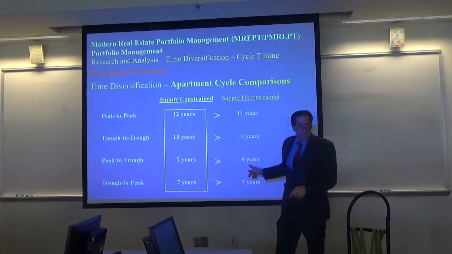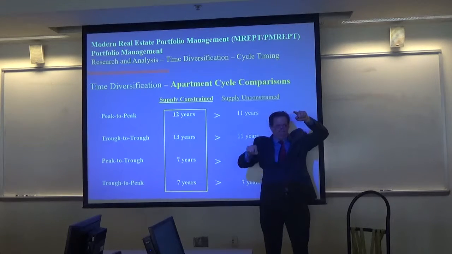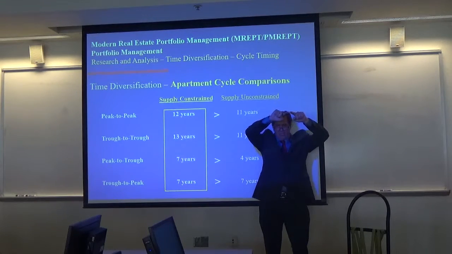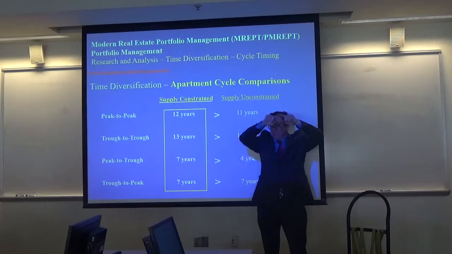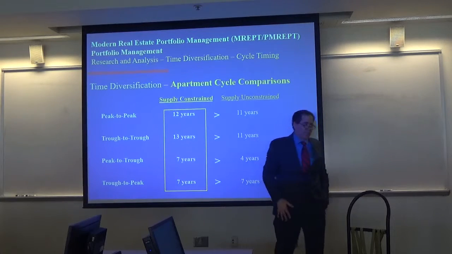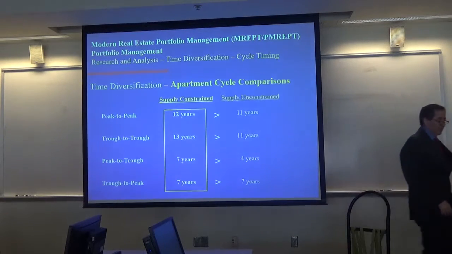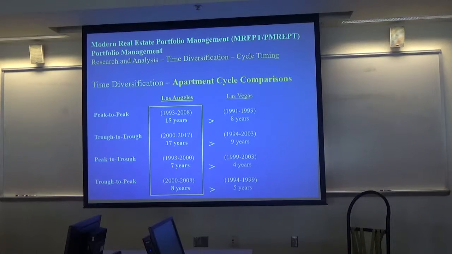In the commodity markets, peak to trough goes in 4 years. In the supply-constrained markets, it takes 7. So we're collecting more rents under the curve longer in supply-constrained markets than in commodity markets. So that, again, was just a justification to get into supply-constrained markets.